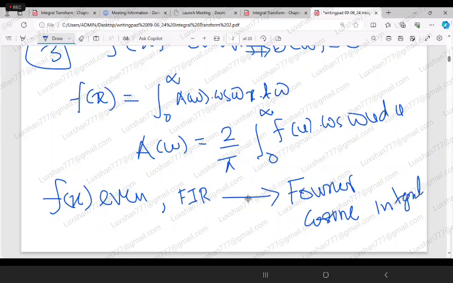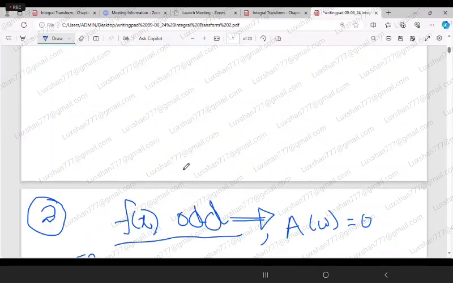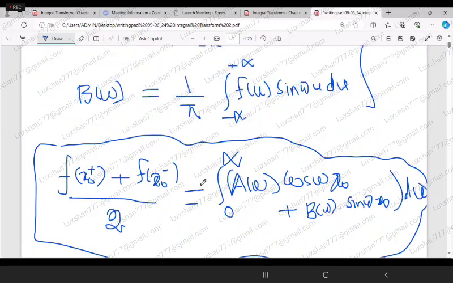So the first one is the Fourier integral.